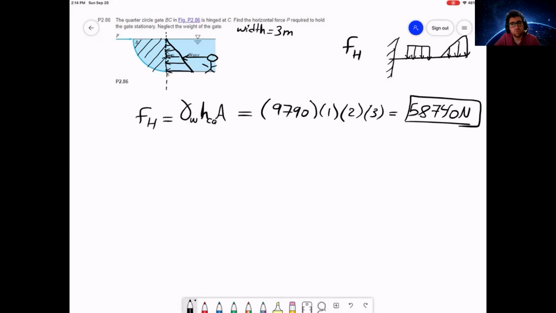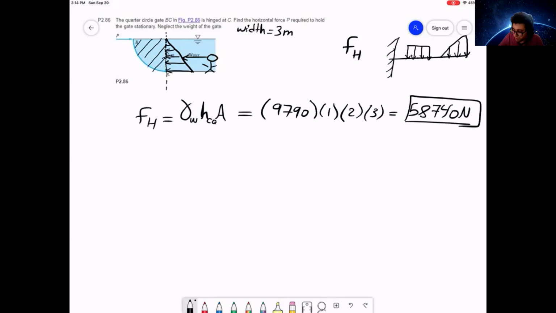And where is the centroid of that triangle? 2/3. It's not exactly in the center. It's 2/3 from the top, and it's 1/3 from the bottom.